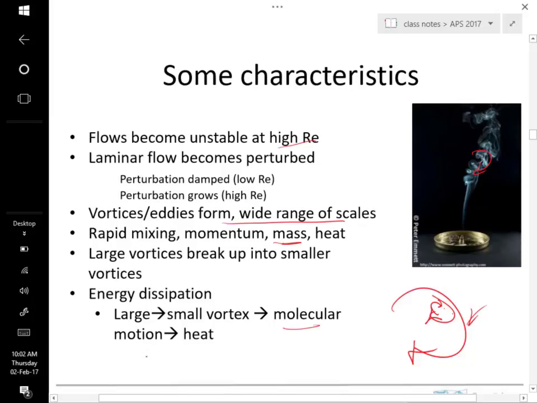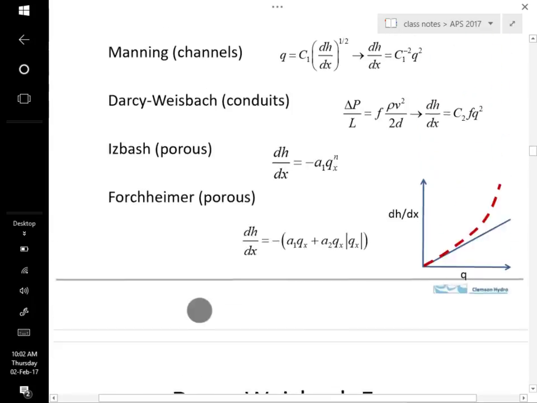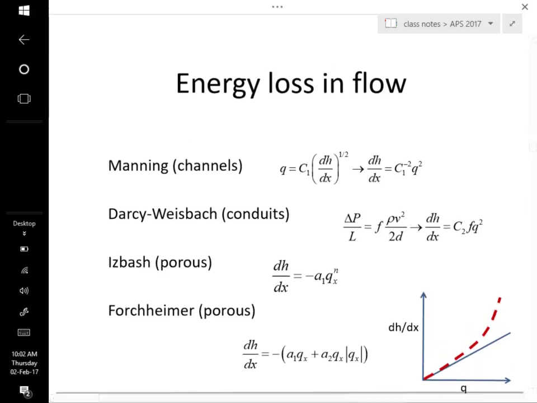And at the molecular scale, we've got just molecular motion and heat, but then at larger scale, we've got these vortices. Okay, so how does that all manifest itself? Well, one way is just understanding the energy loss in flow.